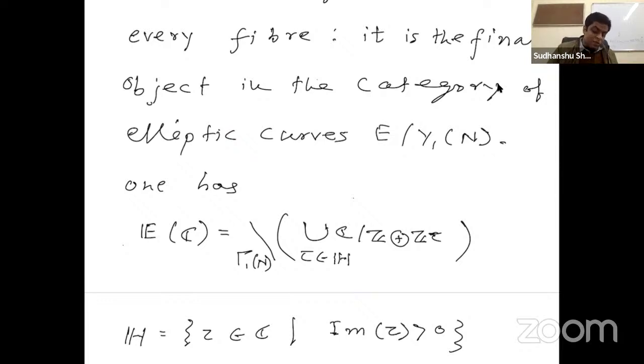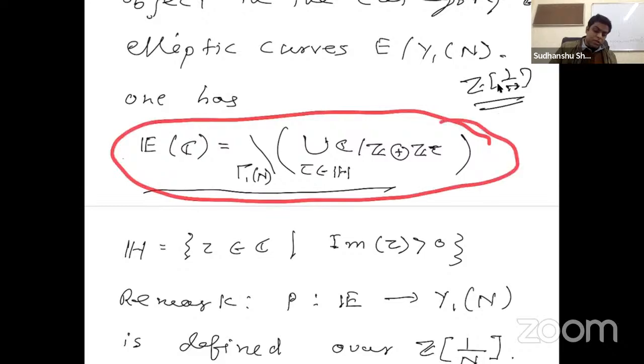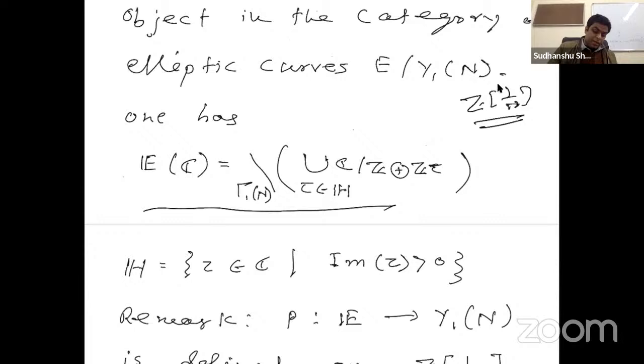Then one can show that this is actually defined over Z[1/n], as I said, or over any Z[1/n] algebra. So these points over C are crucially used in the construction of this universal elliptic curve E. And there is an action of Gamma_1(N) on this, and you go modulo that action.